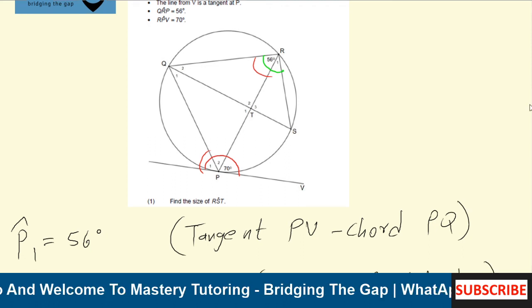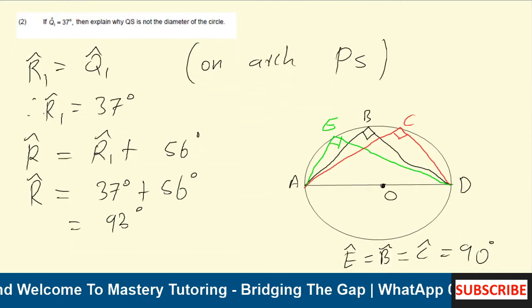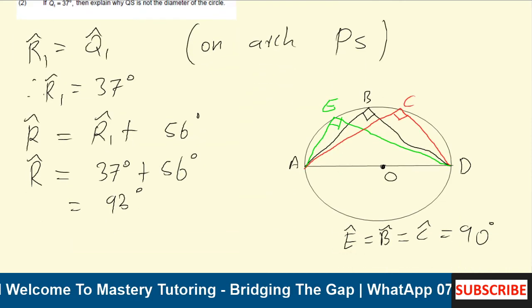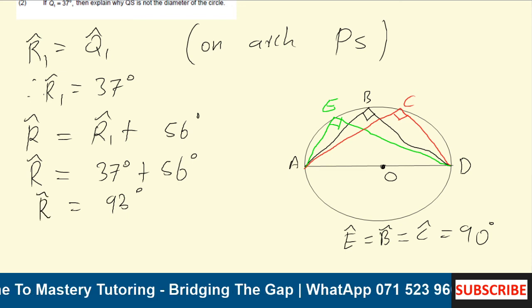Now let's go back to our calculations. As you can see here, when you add R1 plus 56, which gives us angle R, it does not sum up to 90 degrees. Because of this, QS cannot be the diameter of the circle.